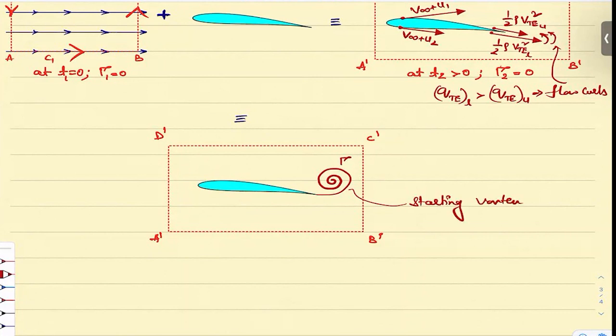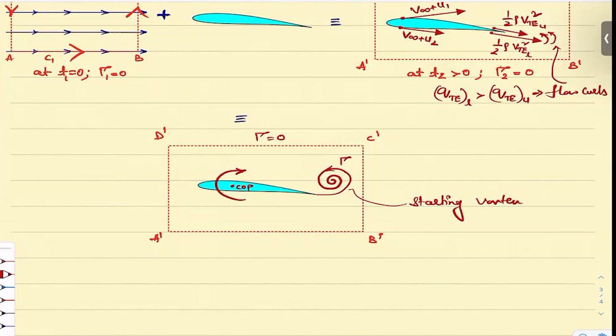What should be the net gamma around A prime, B prime, C prime, D prime? 0. But you have gamma here. Can I go ahead? Yes, sir. So in order to compensate, now this is the circulation in this direction. About the center of pressure, there will be a vortex formed like this.